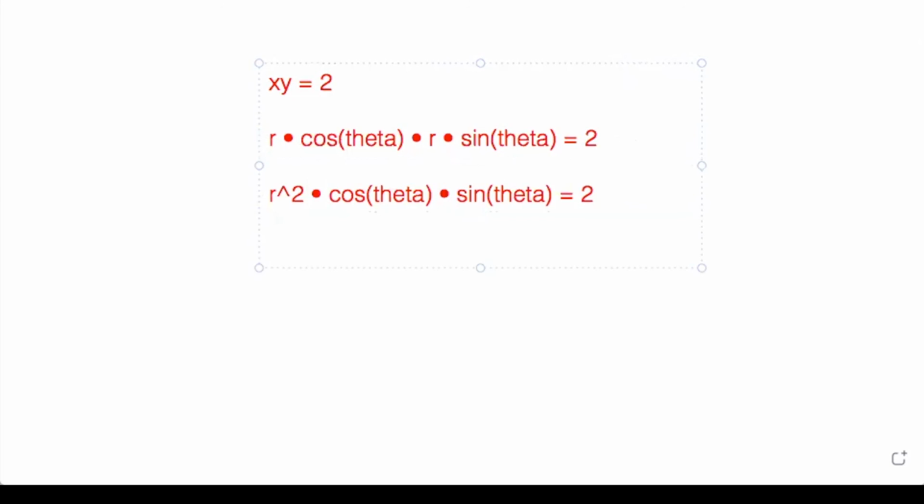If I divide both sides by cosine theta times sine theta, I get r squared equals 2 divided by cosine theta times sine theta.